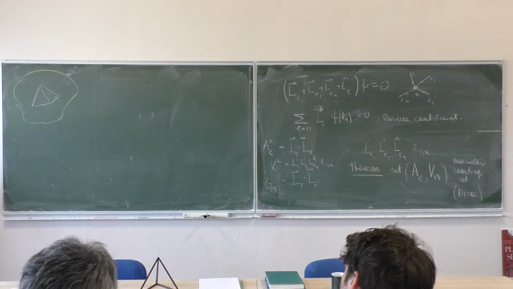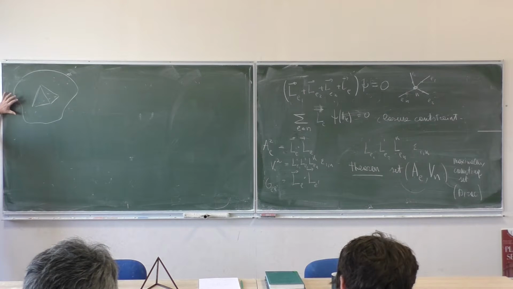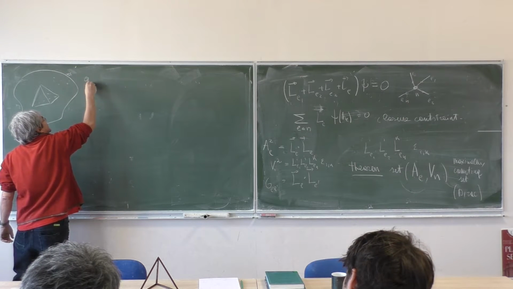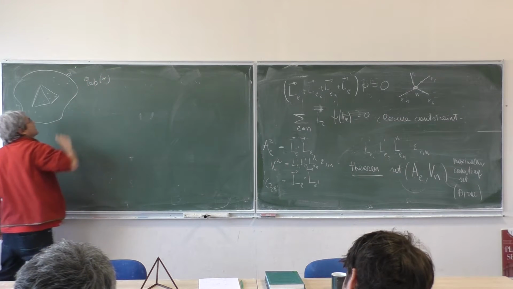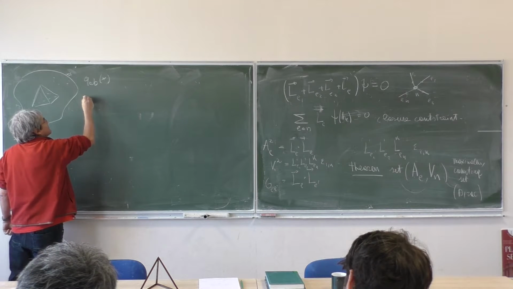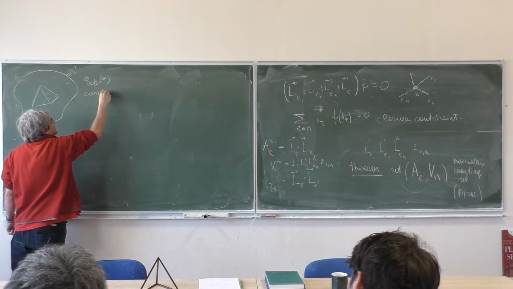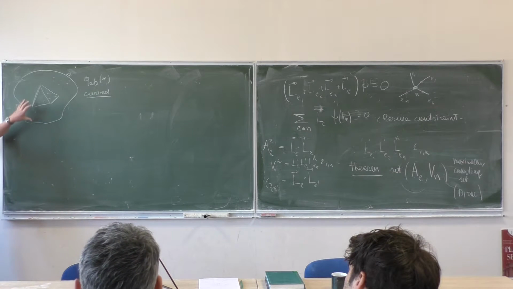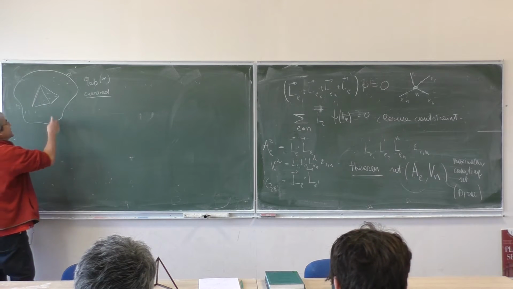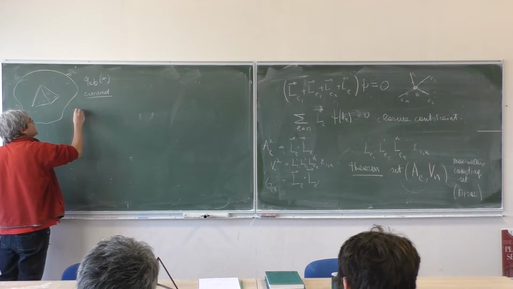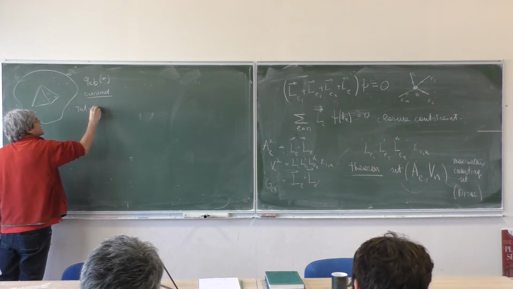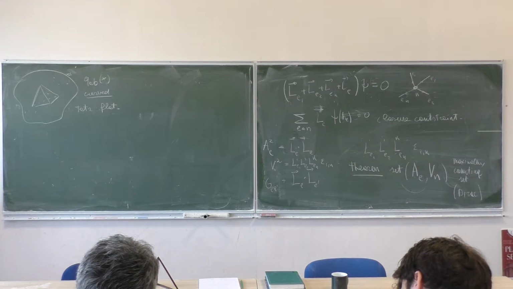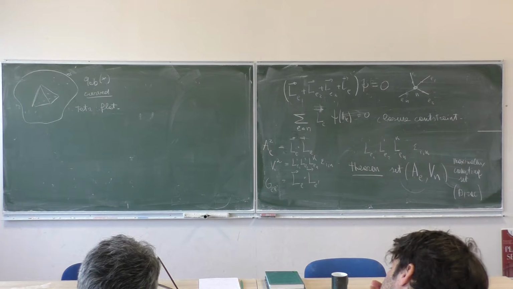So think this is a metric space, and there is a metric q_ab(x), a three-dimensional Riemannian metric, so this is curved, in general it's curved. And I'm going to approximate this metric with the triangulation by assuming, as I said, that the tetrahedra themselves are flat, like the triangles on the hills, which are flat.